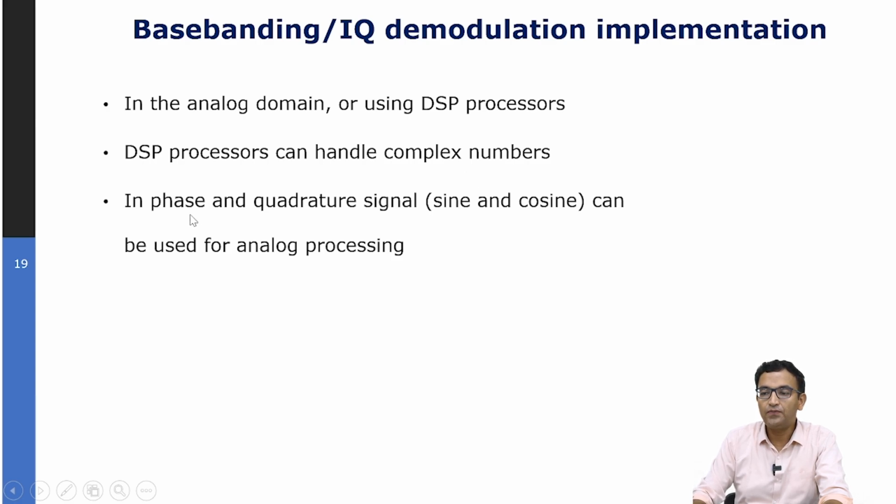If you are doing this with analog hardware, then instead of complex numbers, you can take sine and cosine. These signals are phase shifted by pi by 2. And we know that multiplication by i also shifts the phase of a signal by pi by 2 in the complex plane. So you can perform an analogous operation by using sine and cosine terms instead of using complex numbers.